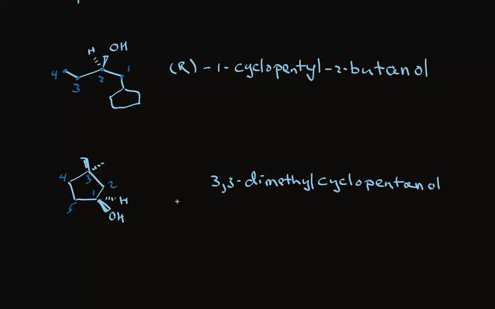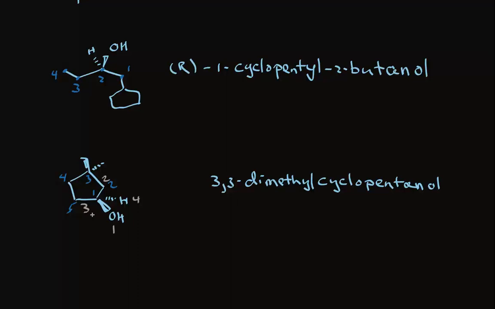Now, this is not a chirality center where the methyl groups are, but this one is where the hydroxyl group is. And when we look at this numbering, of course, oxygen is 1, hydrogen is 4. These two are identical. This one is higher priority than that one. So this will be 2, and this will be 3.